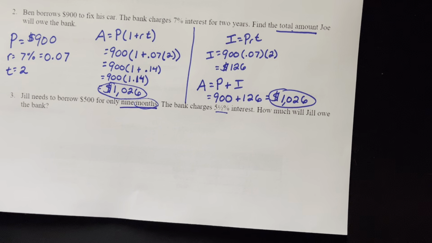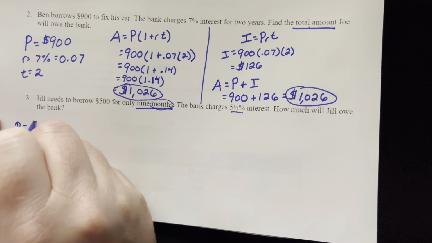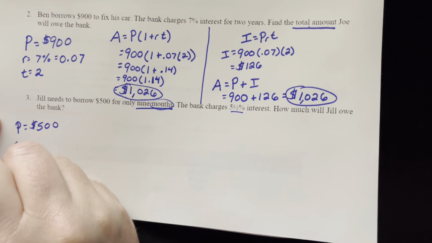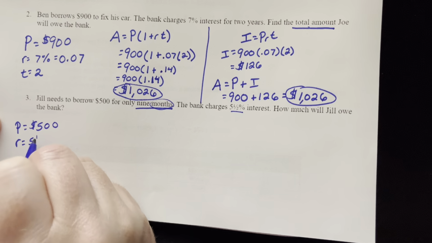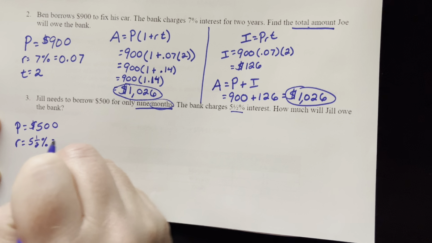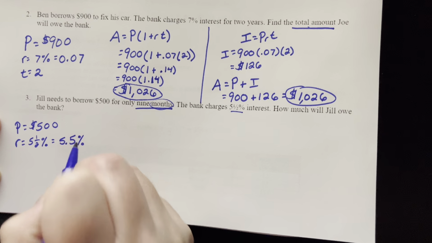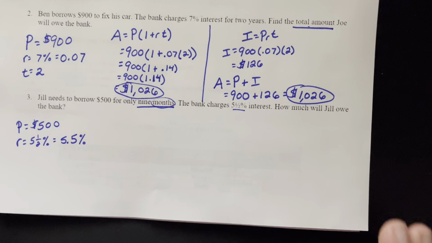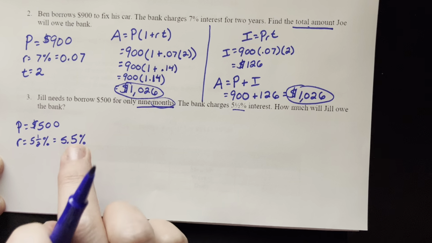So let's still list all this out. The principal was $500. The rate was 5.5%. Well, I can rewrite that as 5.5%. But be very careful here. Even though that looks like a decimal, we're still talking in percents.